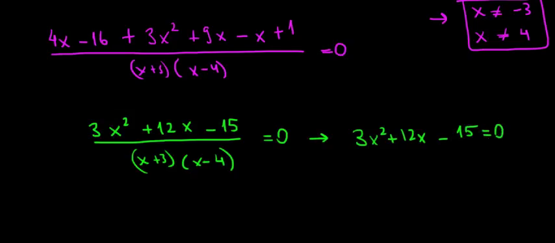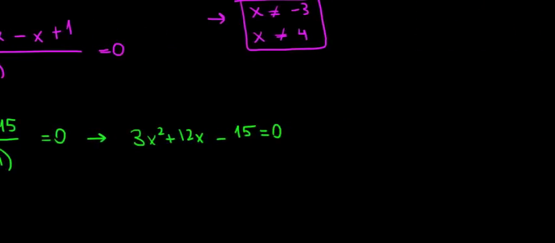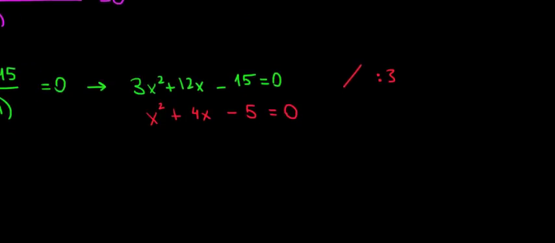What can we do to make it a bit more neat over here? Well, we can divide both sides by 3, because it's an equation and we can do that. So we would have x squared plus 4x minus 5 equals 0. Now how can we solve this by using our shortcut?